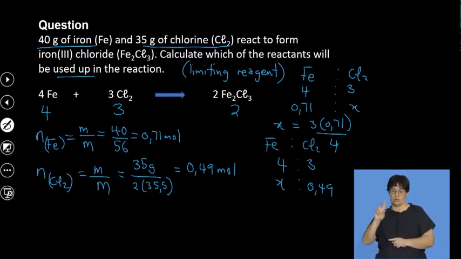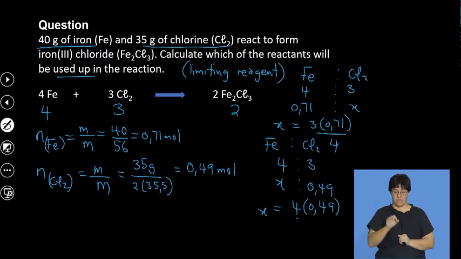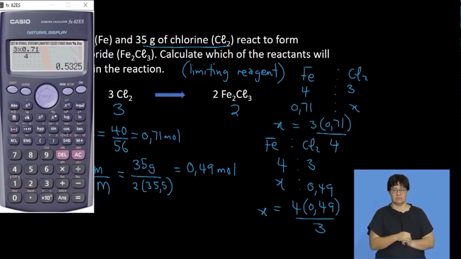So by simple calculation, our X becomes 4 multiplied by 0.49, over 3. Checking on our calculator, we have 4 multiplied by 0.49 divided by 3. Our answer as a decimal fraction is 0.65.